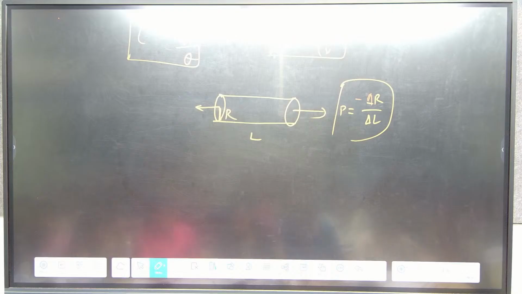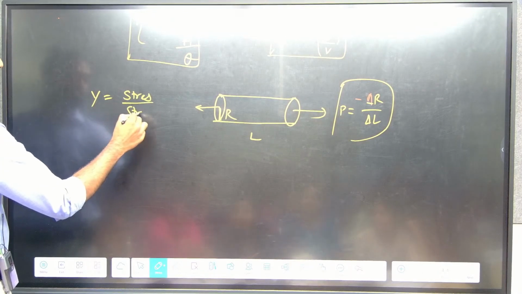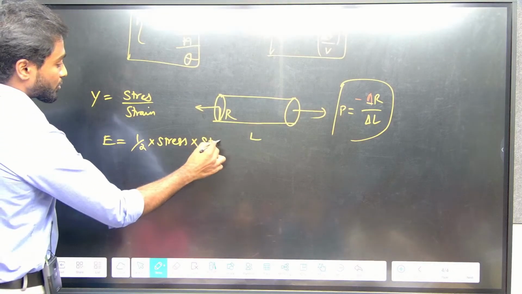Potential energy of a wire. Energy E is equal to half into stress into strain. Y is equal to stress by strain, right?